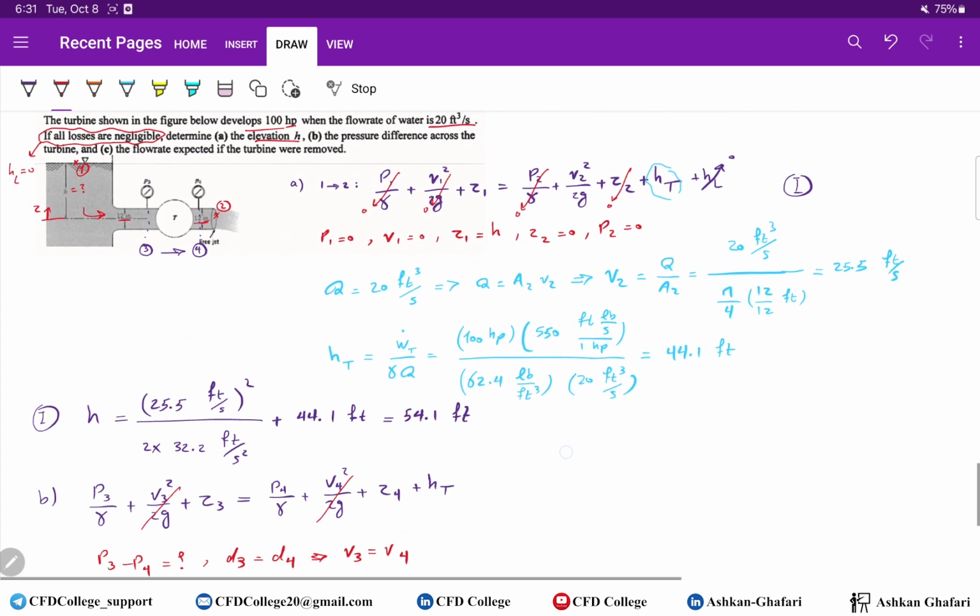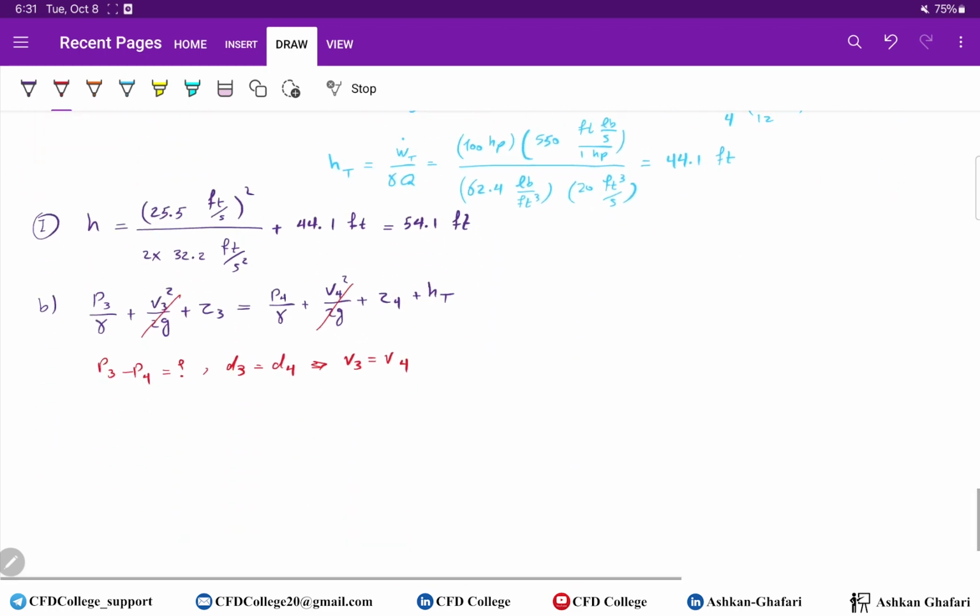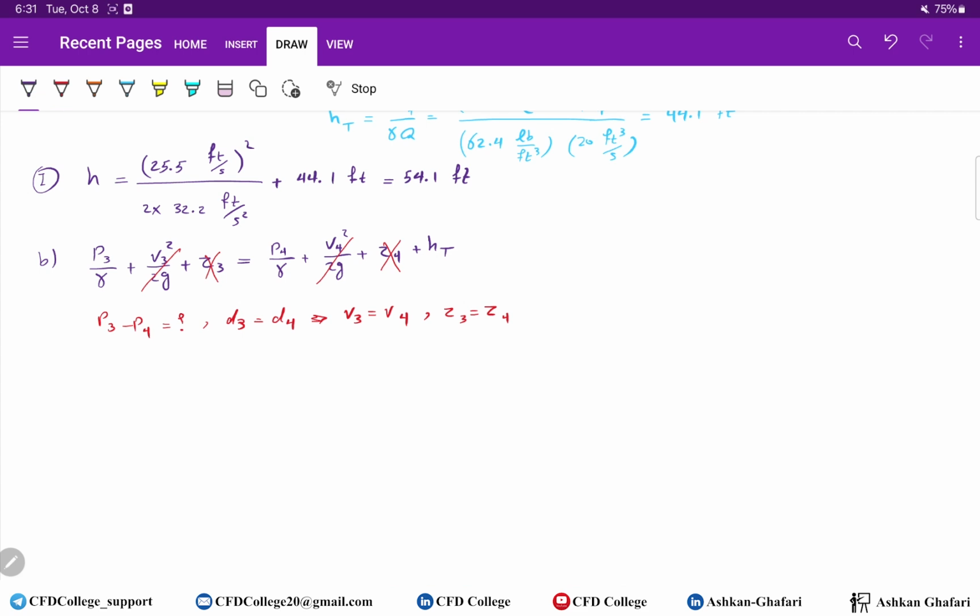They are also at the same elevation, so Z3 equals Z4, and these terms are cancelled too. What are the remaining terms? P3 over gamma minus P4 over gamma equals head of the turbine. So P3 minus P4 equals gamma HT.